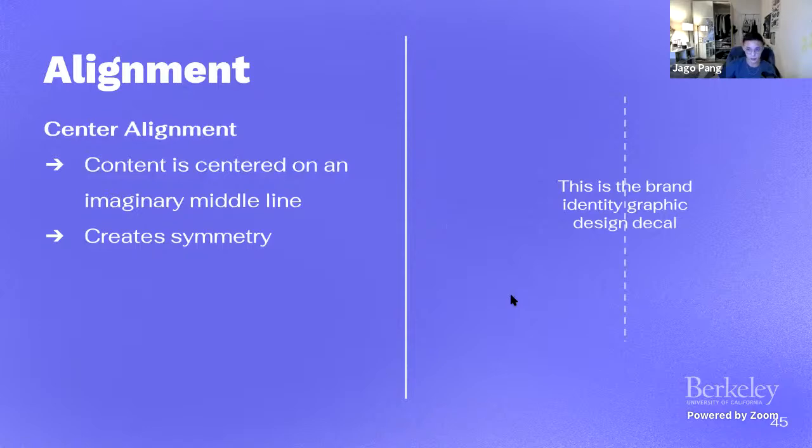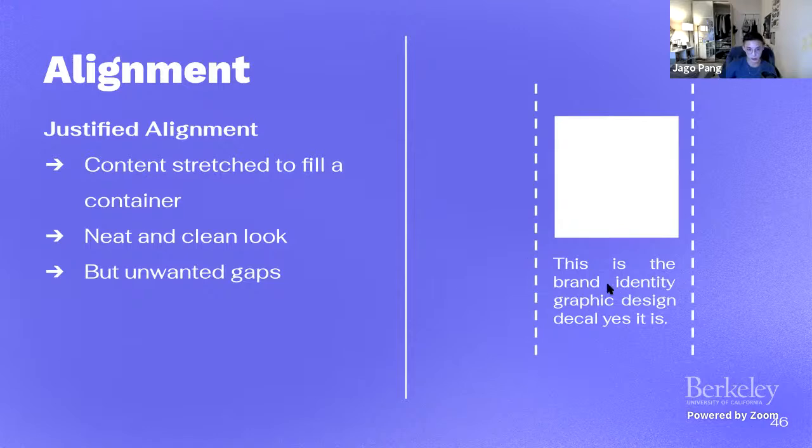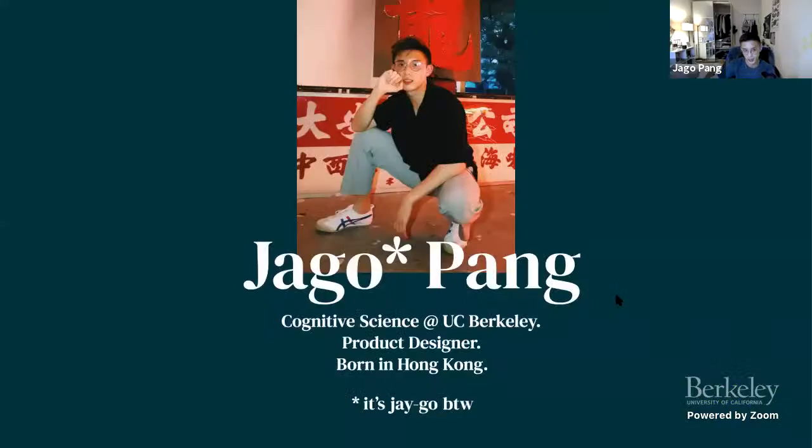You can center align to create symmetry. You can justify alignment. For example, with text, some people like to justify so it stretches the whole container. We advise most people not to do this unless it's a very stylistic choice, because it's a bit unreadable with uneven gaps in between. So use this with caution.